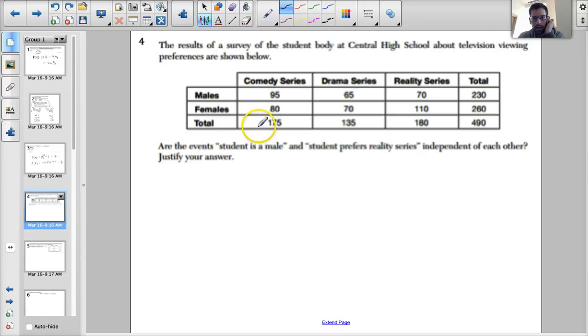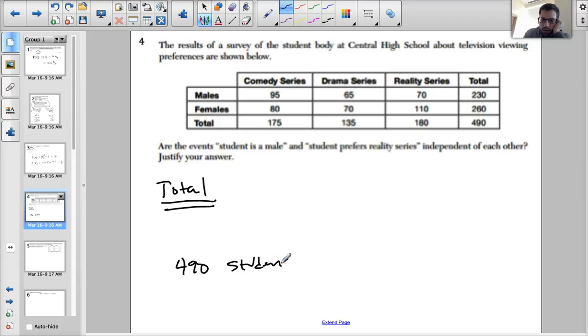So I'm going to want to take a look at the total. So first of all, I'm going to look at totals. So the total, there are 490 students. That's my denominator. I'm just going to sort of divide it like this. And of those 490 students, 180 prefer reality series. So I'll say 180 reality fans.